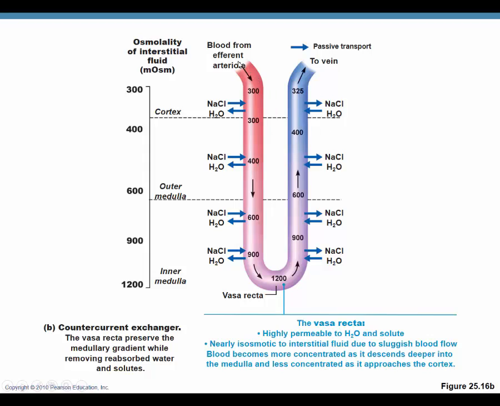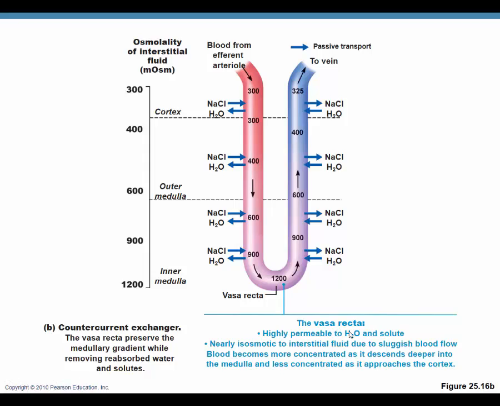So here we can see we've got this fluid out here, right? We've got salt being pulled out, so that's going to cause water to come out of the Vasa Recta, but the excess salt is going to come into the Vasa Recta. This is passive movement through the Vasa Recta. It's permeable to water and salt.